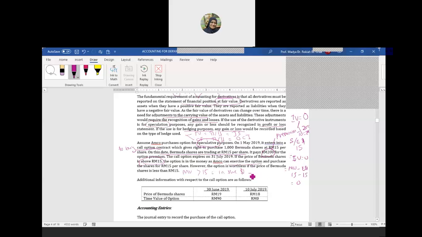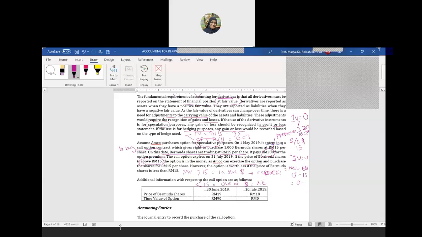But if the option is worthless, if the market value is lower than 15, then we say it is out of the money. So we do not exercise. It's not worth exercising.